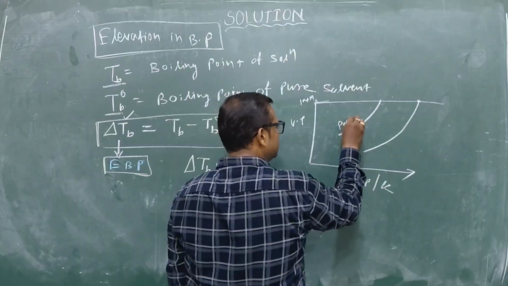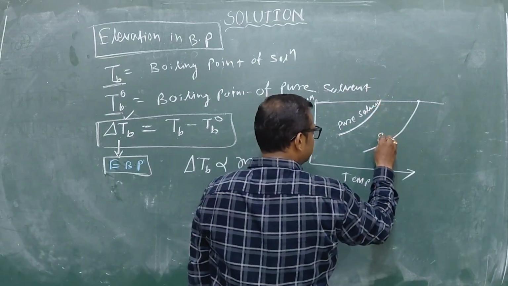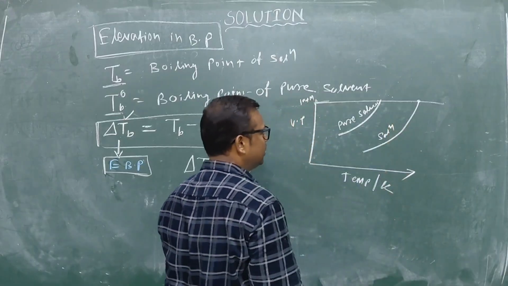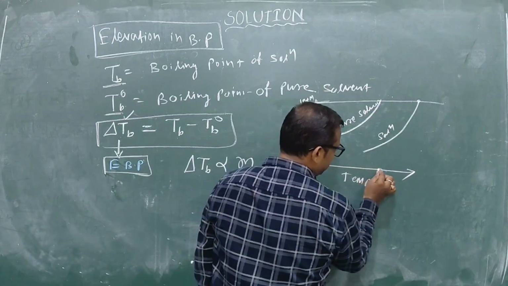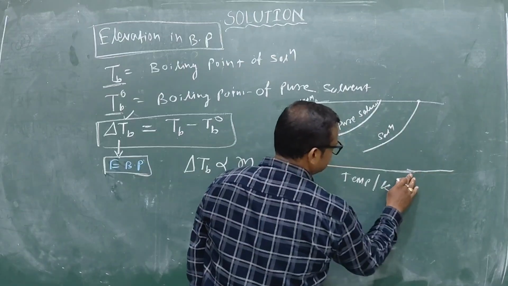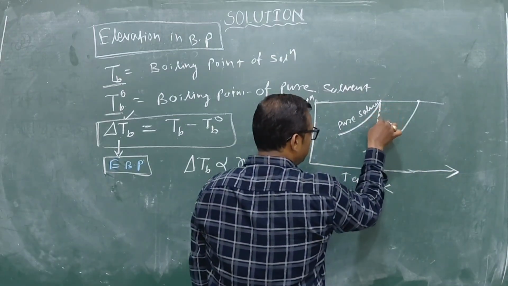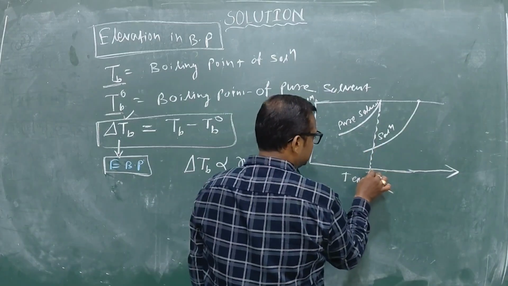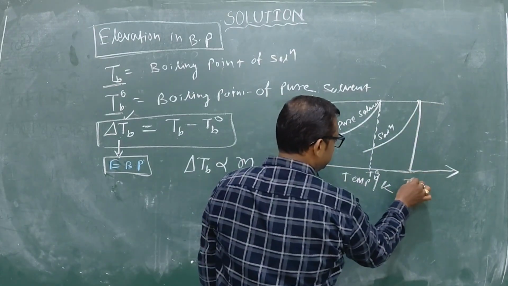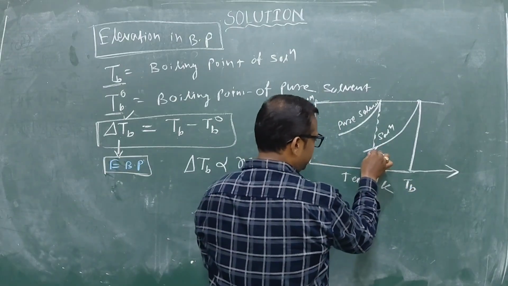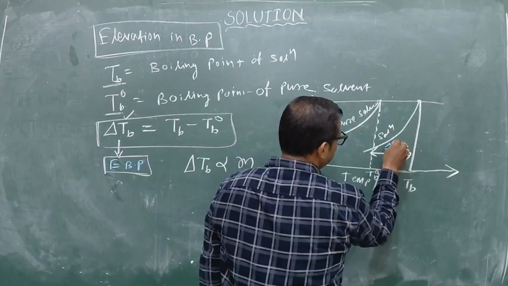This one is pure solvent and this one is solution. As the temperature on the x-axis gradually increases, this point is known as T naught B and this point is known as TB. So this difference is known as delta TB.